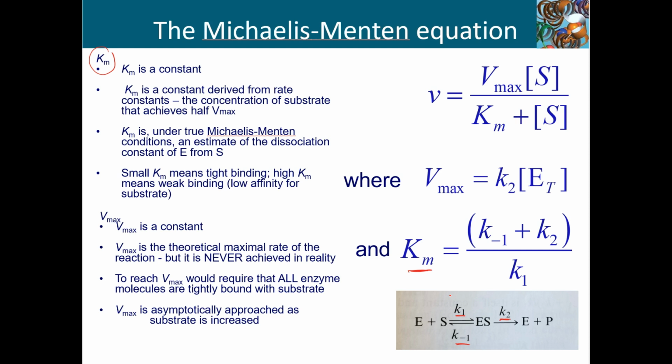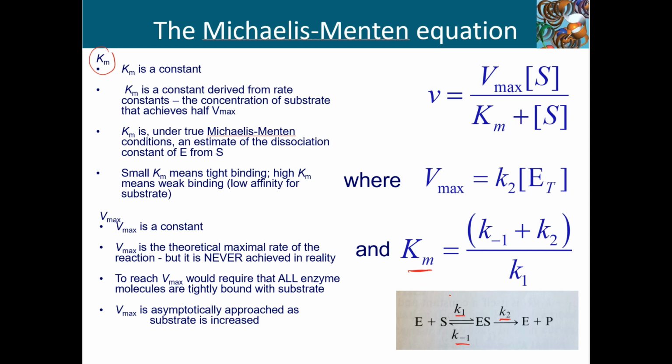What this means is that if you have a small Km, because K1 is large, that indicates a very tight binding. It means that the enzyme and substrate have a high affinity for one another and they want to form that enzyme substrate complex. Conversely, if you have a high Km, because you have a high degree of dissociation and a low K1, that means you have a low affinity for the substrate.